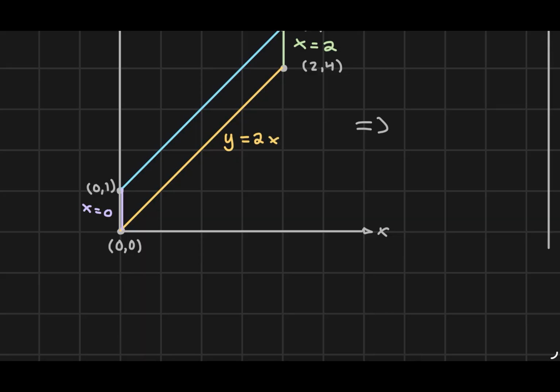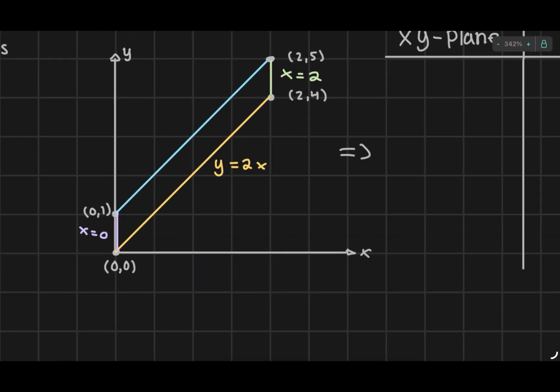And proving that, if we plug in x equals 0, y is also going to be 0. That checks out. If we plug in x equals 2, the output is 2 times 2, which is equal to 4. That checks out as well. Similarly with this blue bit, it's the exact same slope, just translated up one. So this is just going to be y equals 2x plus 1.